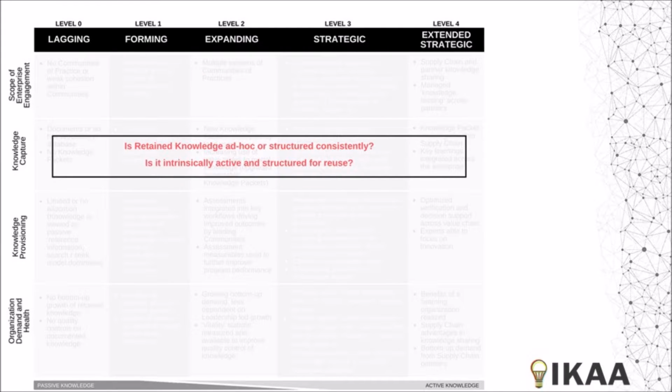Next, knowledge capture addresses the commitment and the ability to capture, retain, and validate your technical memory. It helps measure whether the main focus is managing knowledge, with knowledge reuse only an afterthought, or is the knowledge structured with a focus on actively provisioning it?